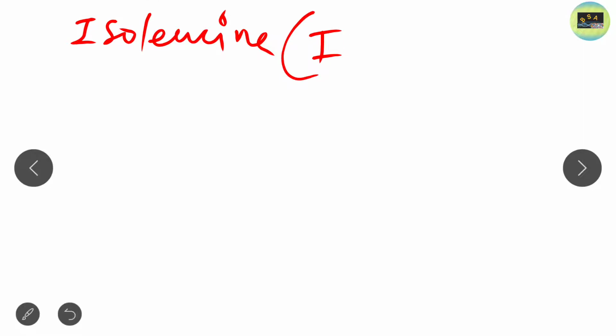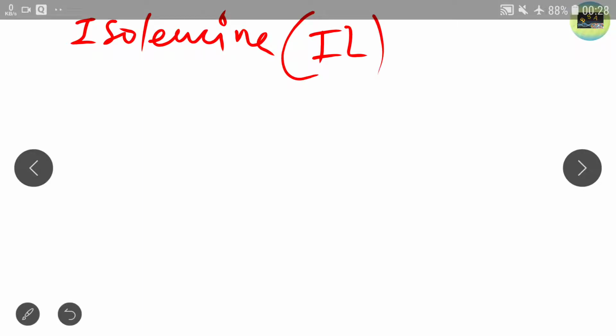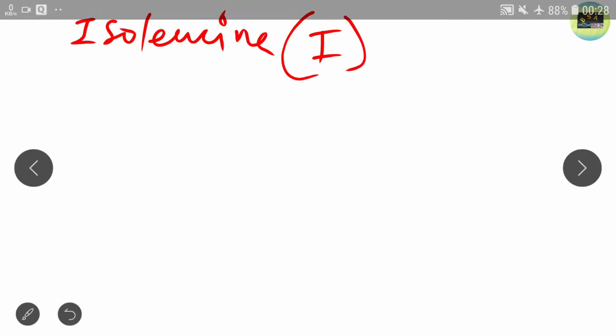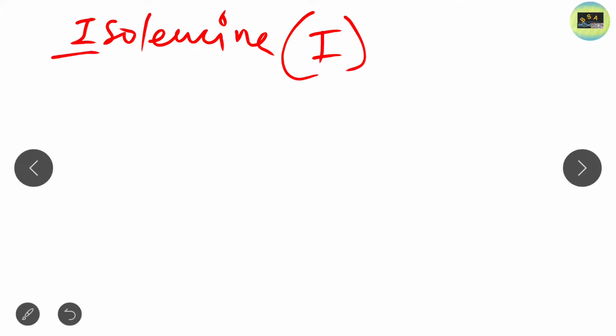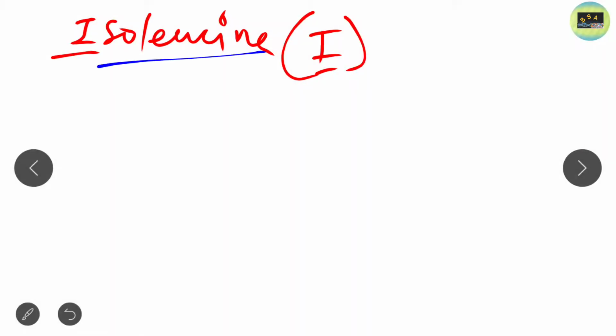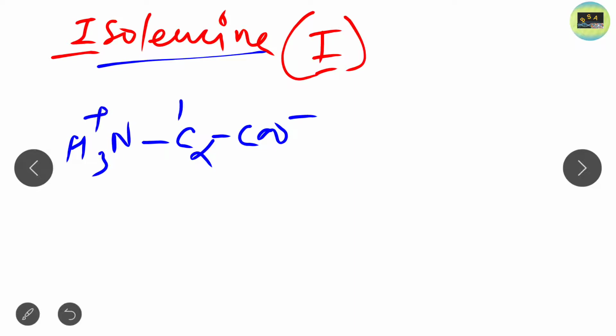Okay, so this is the single letter code for isoleucine, IL, or you can say I. I for isoleucine, and the single letter code is also I. Now just look at the structure of isoleucine. These three are common. This is NH3 plus, this is hydrogen. Now we draw the side chain with yellow.